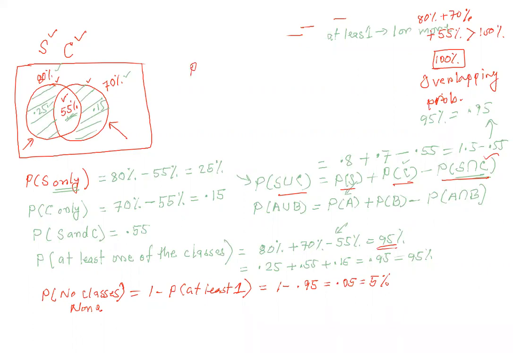Probability of A union B is probability of A plus probability of B minus the probability of A intersection B. That's the addition rule. Okay, that's what it is.